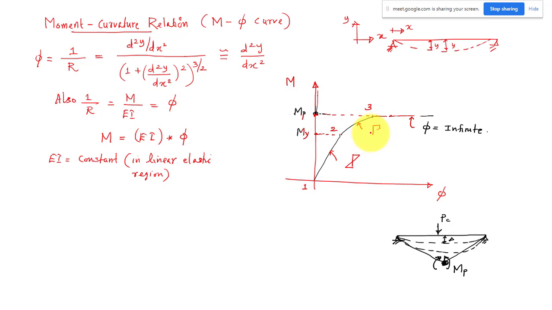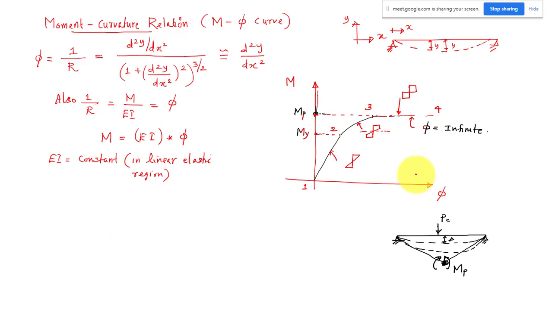So the stress diagram will be something like this. And from 3 onward it is fully plastic. The stress diagram will be like this. The corresponding moment is yield moment, and here we have a transition. The section will be elastoplastic, and here the section will be fully plastic.